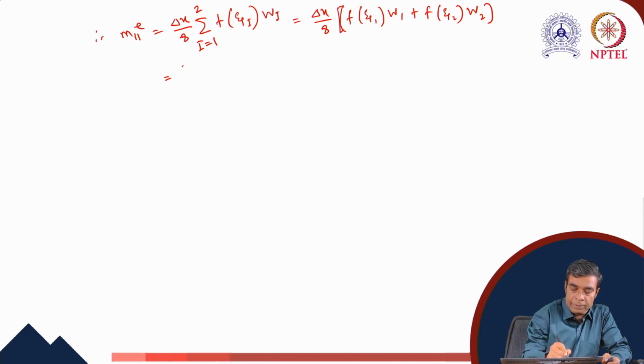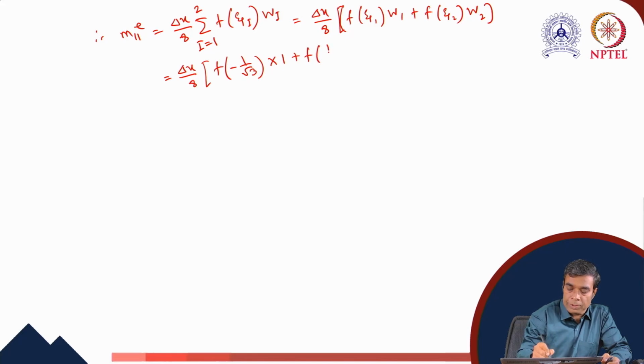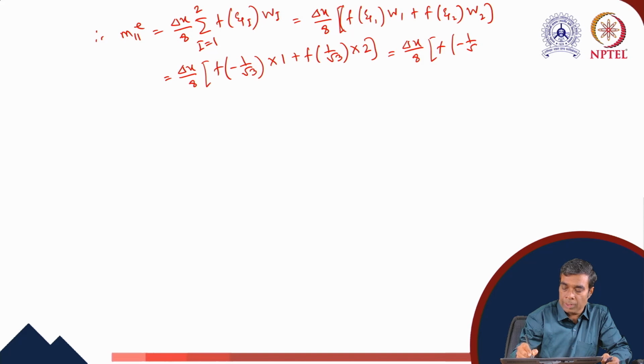So here we get delta x by 8 into function of xi 1, which is minus 1 by root 3, w1 is 1, f of xi 2, our xi 2 is 1 by root 3, our w2 is 1. So this gives us delta x by 8 into f of minus 1 by root 3 plus f of 1 by root 3.